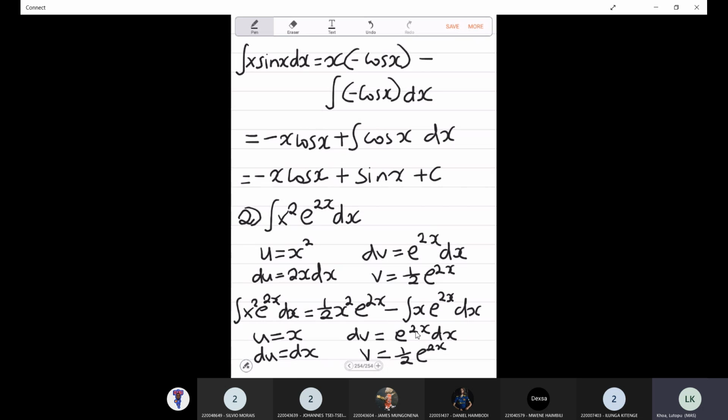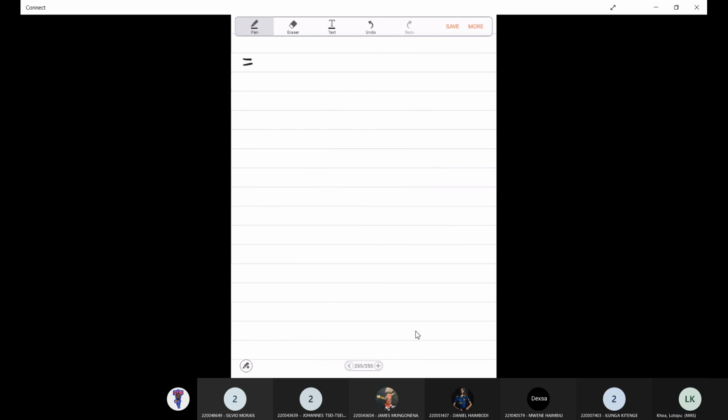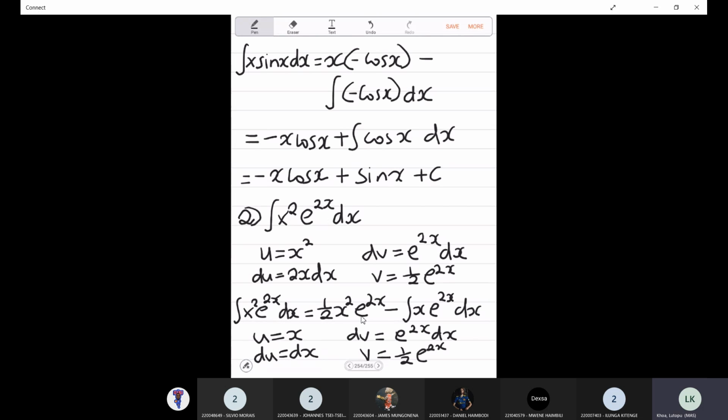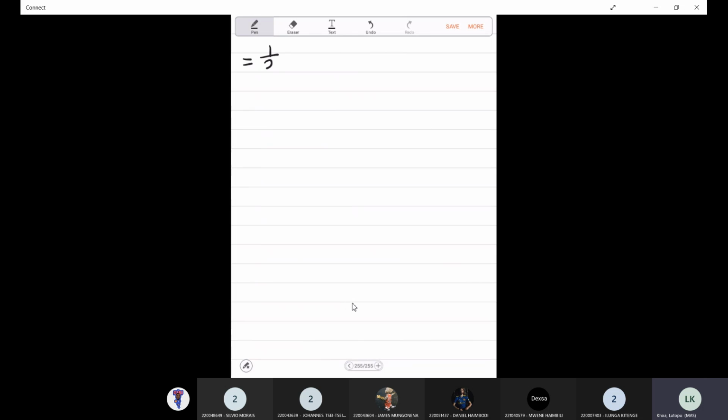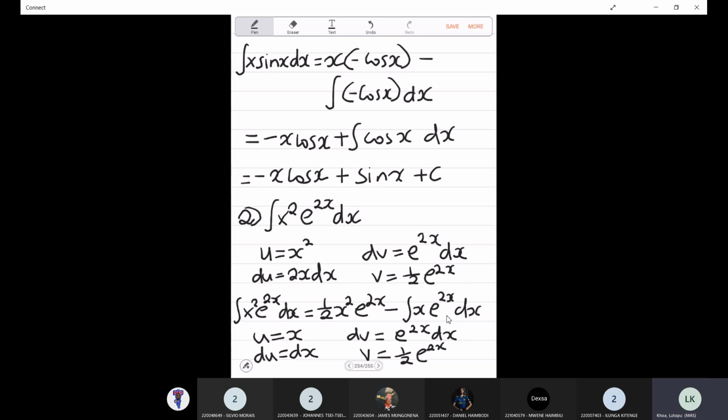So doing that, on the left hand side we have this term here, half x squared e to the power of 2x, that was there. So it's half x squared e to the power of 2x, and then minus. The whole thing is minus because that is what the integral of this is.